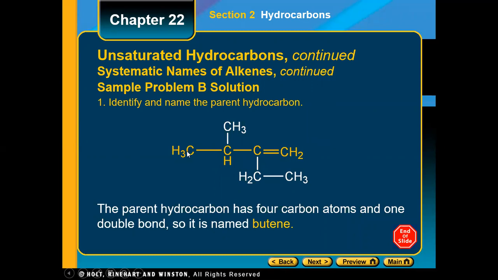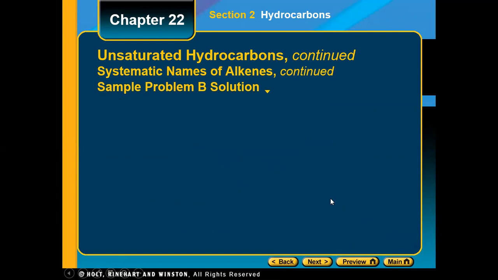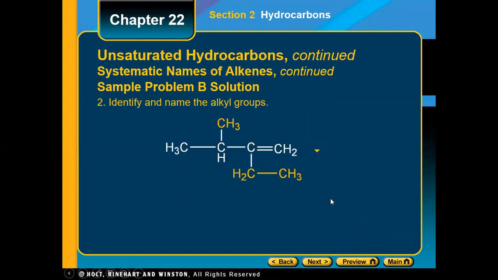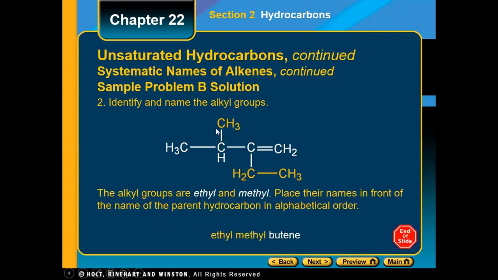After you look at the longest chain and the double bond and its location, now you go and number this chain, okay? And identify the branches or alkyl groups that you have. When you do that, you will know that you have a methyl here and you have an ethyl here.